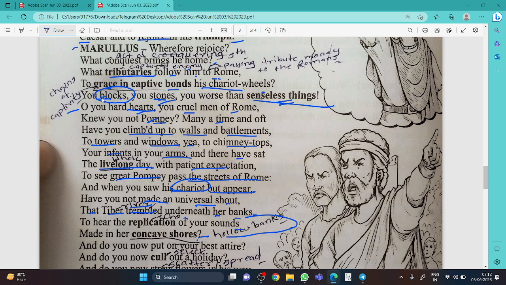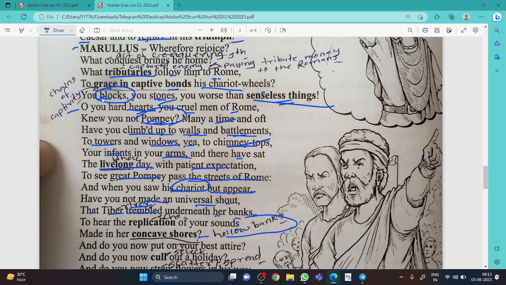Actually, Marullus is ignorant about the news that Pompey was defeated. Pompey once used to be very powerful in Rome. That's why whenever any fight used to take place, or Pompey used to take part in that, most of the Romans, many a time and oft, used to climb up on the walls, battlements, towers to take a look at him. They used to climb on the chimney tops as well.